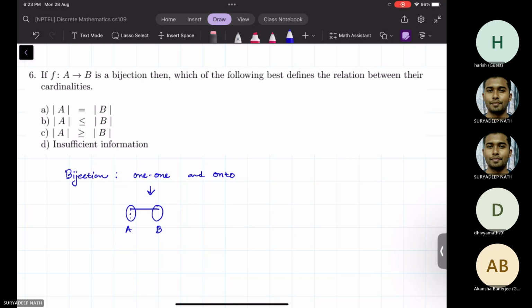There could be multiple elements in A mapped to the same image, but every element must have at least one image in B. So what do you think the size of B will be? What do you think about the cardinality of A and the cardinality of B? Is the cardinality of A more than B, or the cardinality of B more than A, or are they equal?